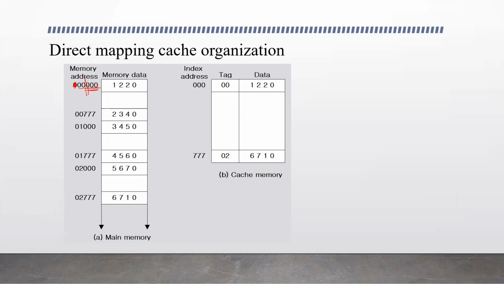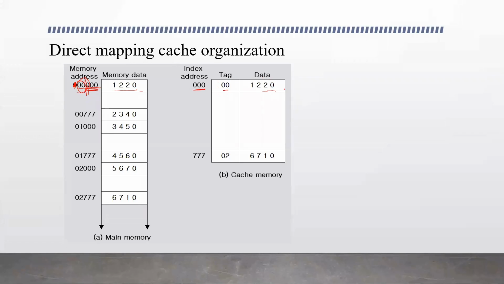The least significant 9 bits, that is 3 octal digits, 000, are used as the index field, as an address for each word in the cache. The most significant 6 bits, the 2 octal digits, are used as a tag associated with the corresponding data. Here the data is 1220, and the tag associated with it is the most significant 6 bits of the main memory address.